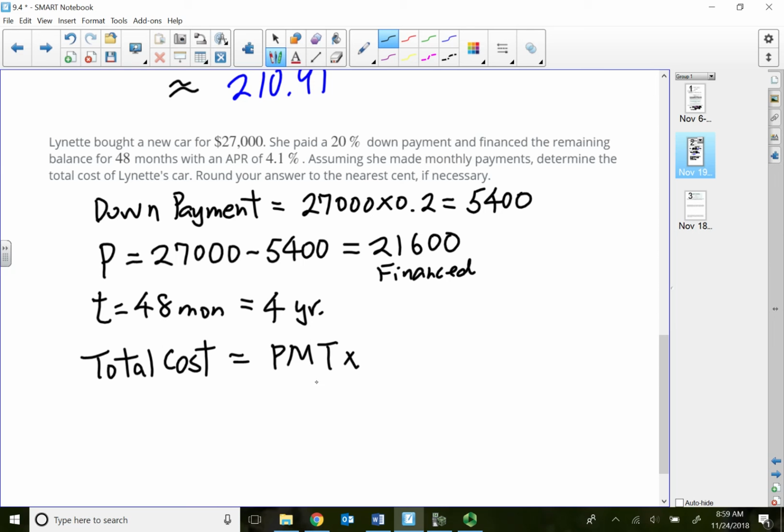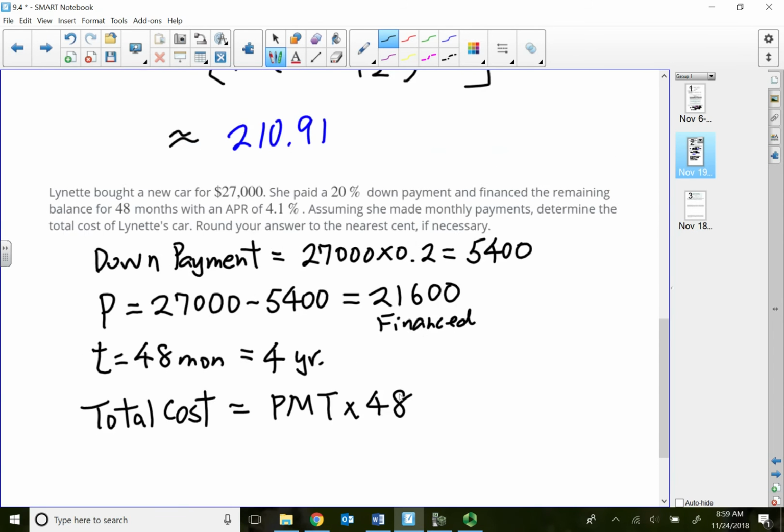The payment here is by the month. If I take the monthly payment times 48, that means she has paid off the car.